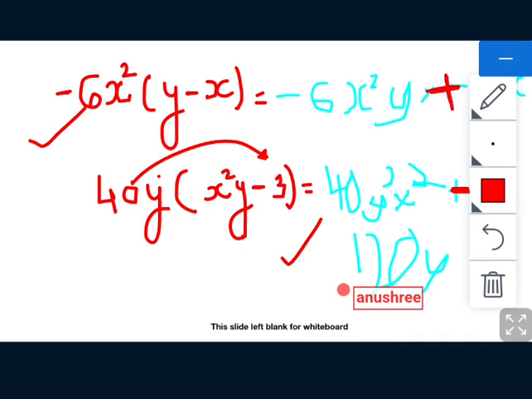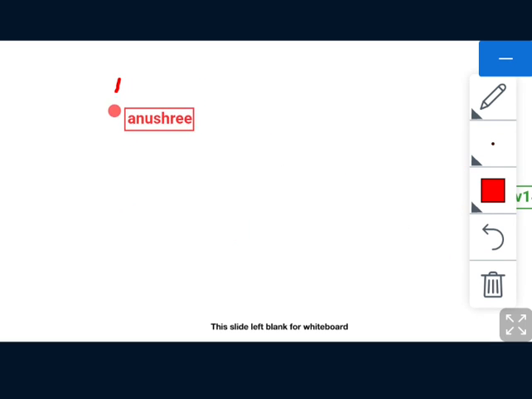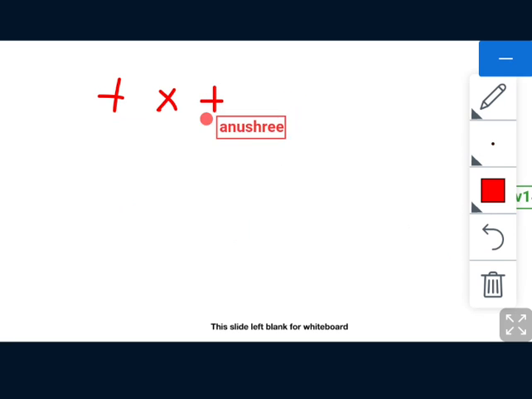See, you just have to remember, plus multiplied by plus, which means a number which is positive, when you multiply it with another number which is also positive, answer is always positive, always plus. That means 1 multiplied by 1 will give you 1.